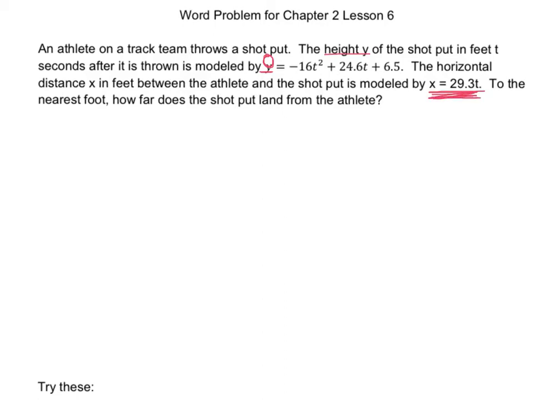So first thing, we need to plug in a, b, and c. This is a, this is b, and this is c.